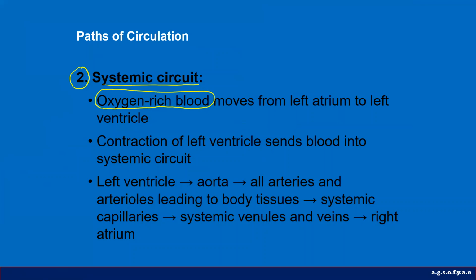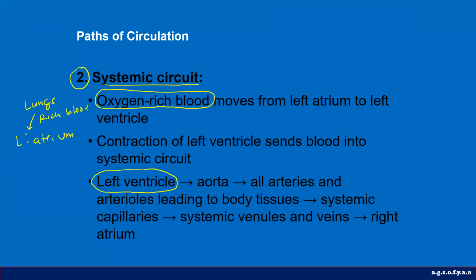And then it starts from the left ventricle. Actually, it starts from the left atrium. Remember, the left atrium is the chamber that receives blood from the lungs, from the pulmonary veins. It will have a lot of oxygen in it, so this is rich blood.